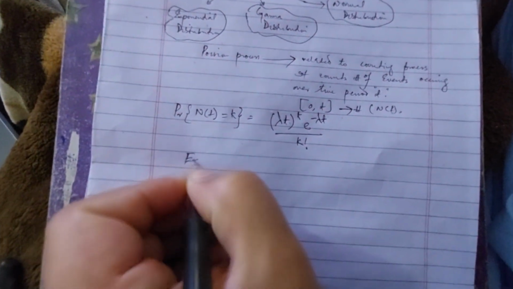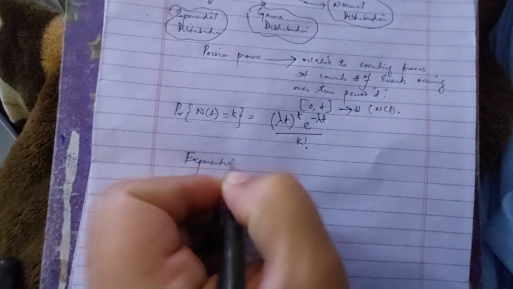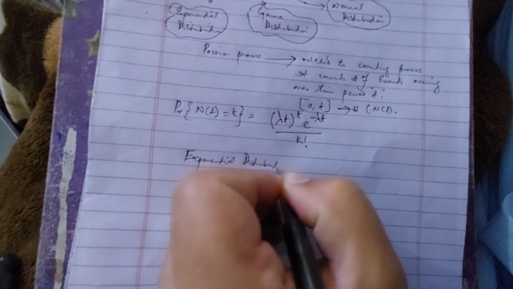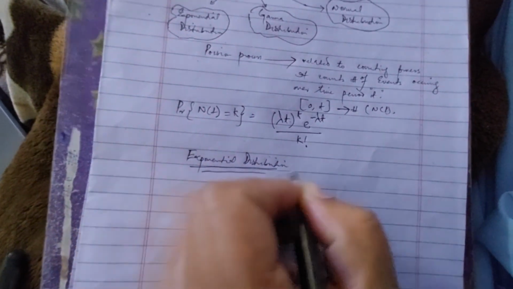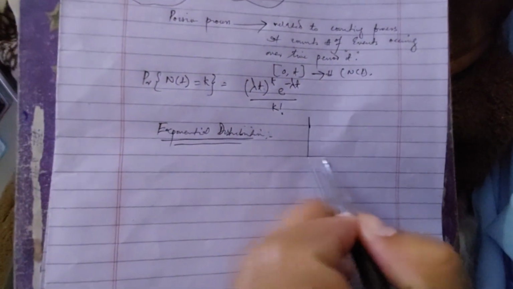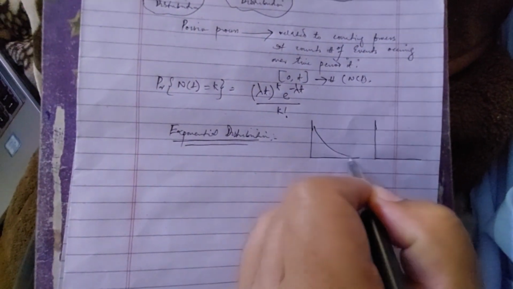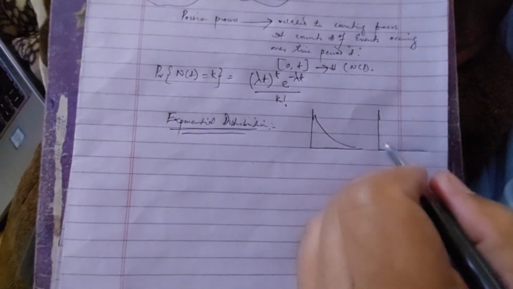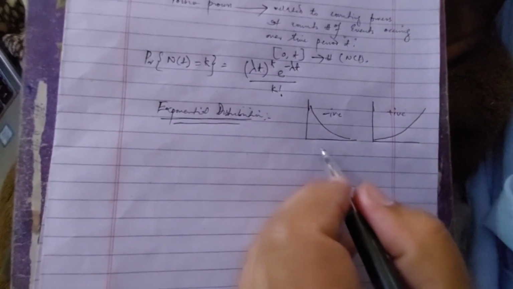Let me write it over here. Exponential distribution. The main graph associated with the exponential distribution: there are two kinds, the negative exponential distribution and the positive exponential distribution.